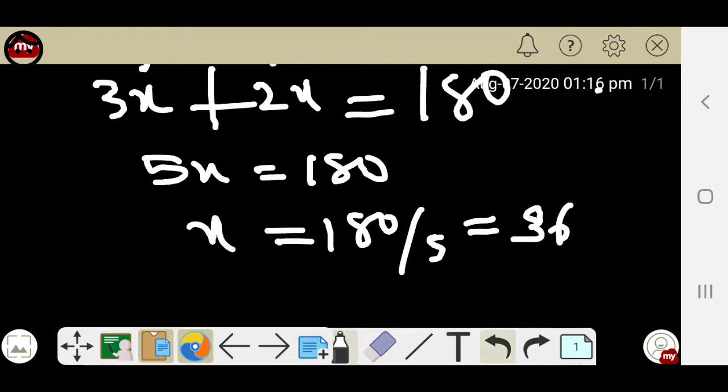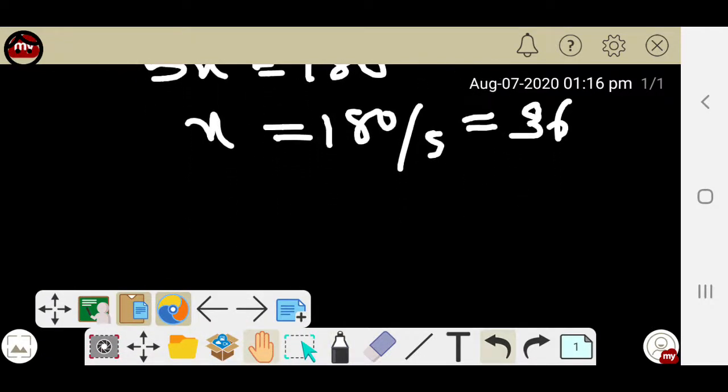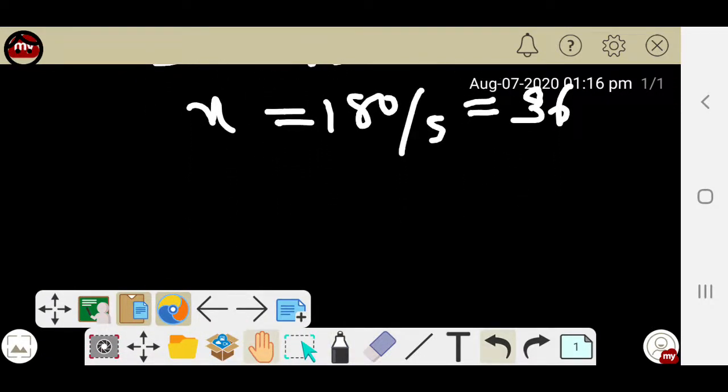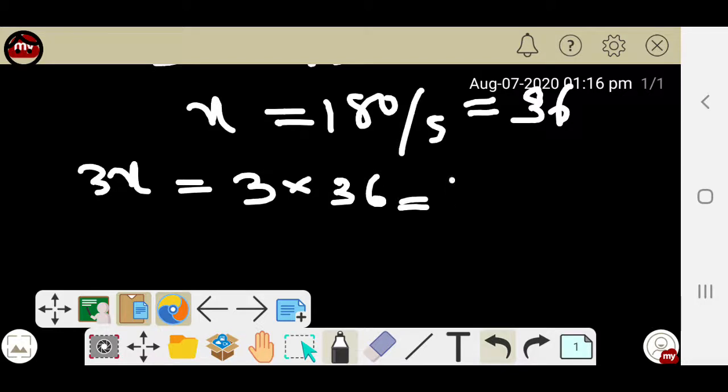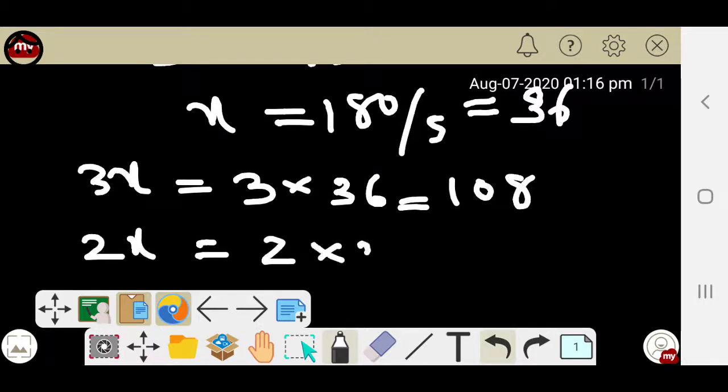One angle equal to 3x, another is 2x. So 3x equal to 3 into 36 equal to 108. Next 2x equal to 2 into 36 equal to 72. So the measure of one angle is 108 and the next one is 72.